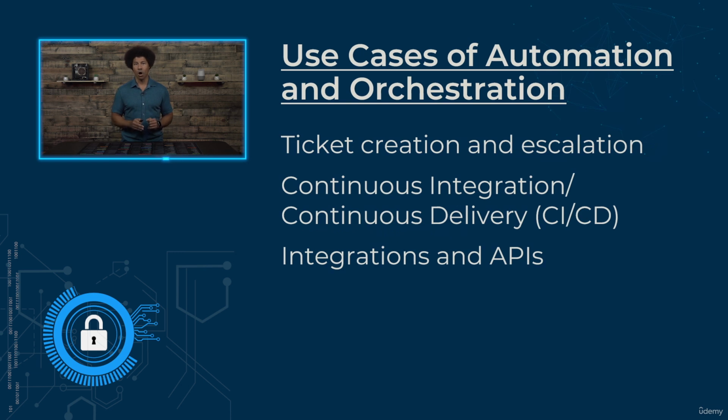Business processes aren't the only place where automation and orchestration can help. When it comes to writing code for software, apps, or web development, developers use methods of continuous integration, continuous delivery, otherwise known as CI/CD, and testing to ensure their code actually works well and doesn't have any bugs or security flaws.